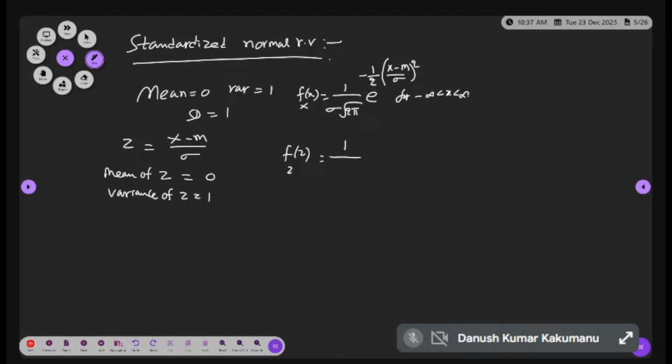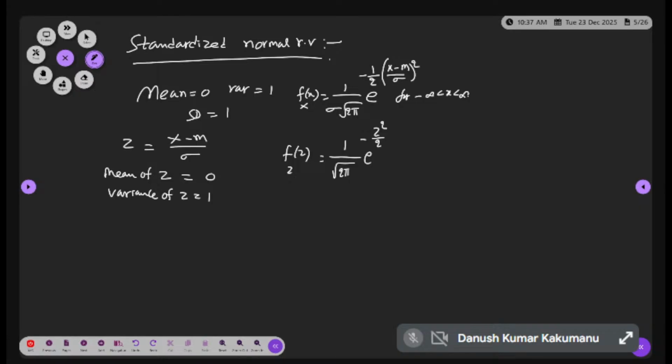Then it becomes 1 by root 2 pi e power minus, and what is (x minus m) by sigma? Z. e power minus z square by 2. This is the standardized normal distribution. Both are the same; this is in terms of x, that is in terms of z.